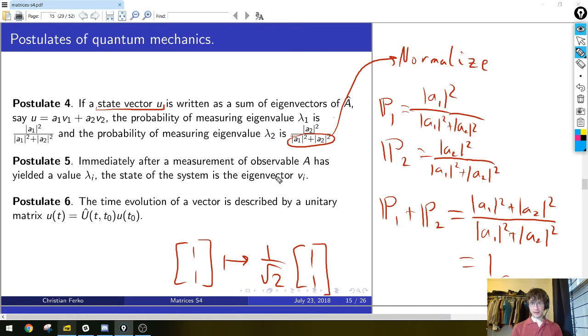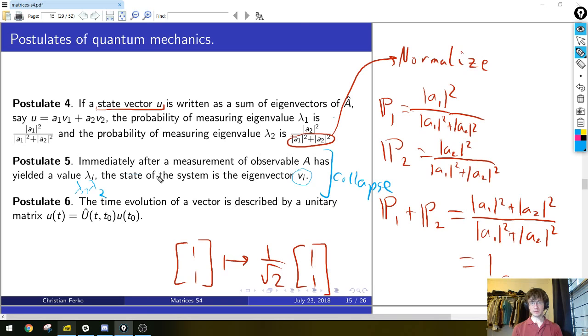Okay, so postulate 5. This is what's sometimes referred to as the collapse of the wave function. Postulate 5 says that when you perform a measurement of an observable A, as we see by postulate 4, the result of that measurement will be one of the eigenvalues of A, lambda 1 or lambda 2. Postulate 5 tells you that immediately after you perform that measurement and you get either lambda 1 or lambda 2, the state of the system is the associated eigenvector vi.